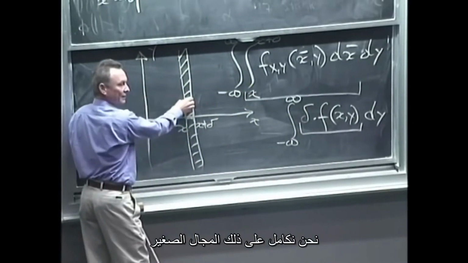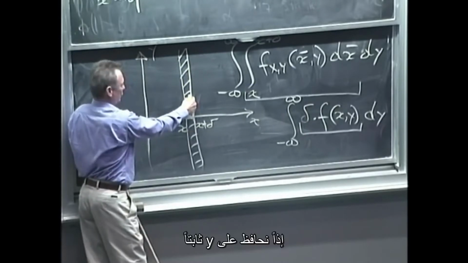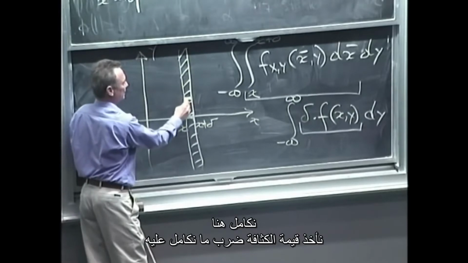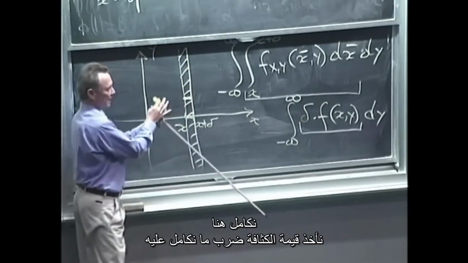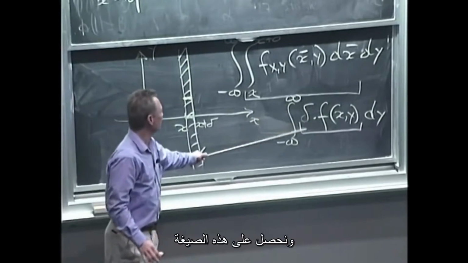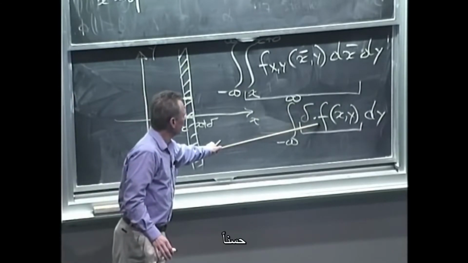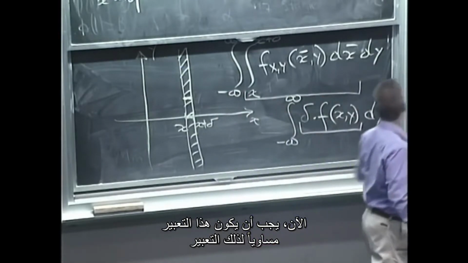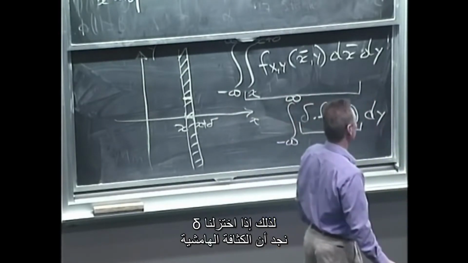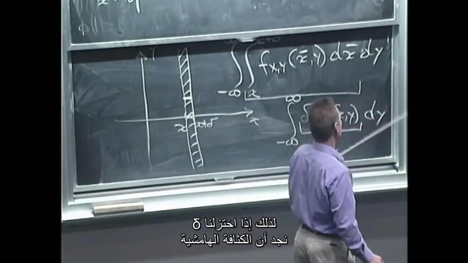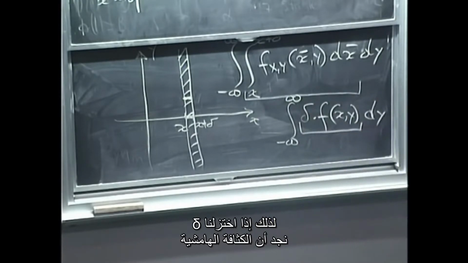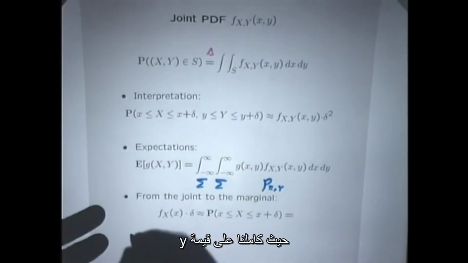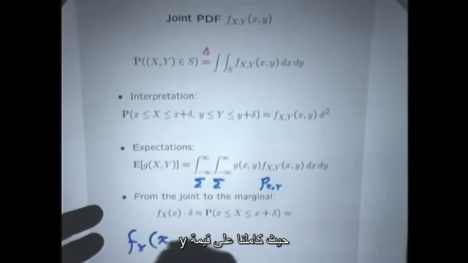We're integrating over that little interval, so we're keeping y fixed. Integrating over here, we take the value of the density times how much we're integrating over, and we get this formula. Okay, now this expression must be equal to that expression. So if we cancel the deltas, we see that the marginal density must be equal to the integral of the joint density, where we have integrated out the value of y.